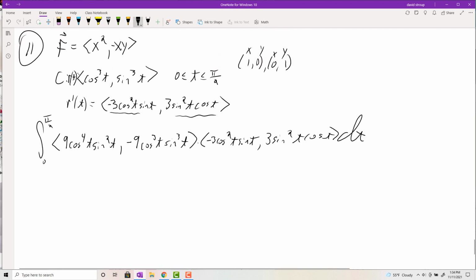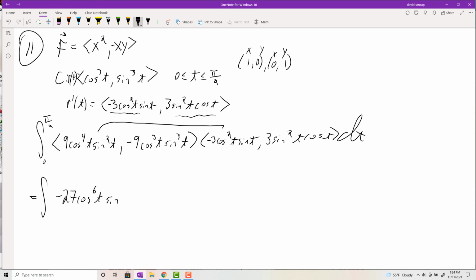Okay, let's figure out what that is. This times this is -27 cosine to the 6th t sine cubed t, and this times this is -27 sine to the 5th t cosine to the 4th t dt. Oy.